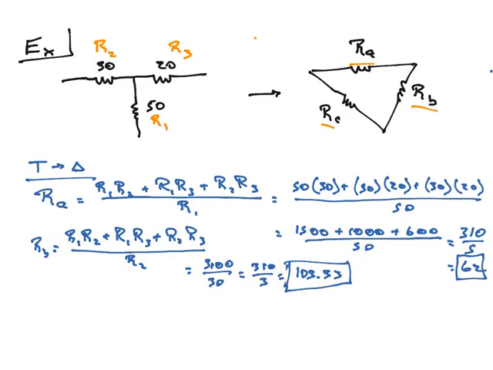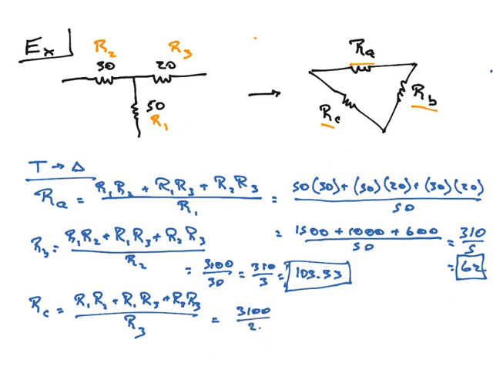I've got RA is 62, RB is 103, so RC, the last one, again, I've got the pairs, R1, R2, plus R1, R3, plus R2, R3, divided by, if I want C, R3. So the numerator is the same, 3100. R3 is 20, so this is 310 over 2, which is 155.